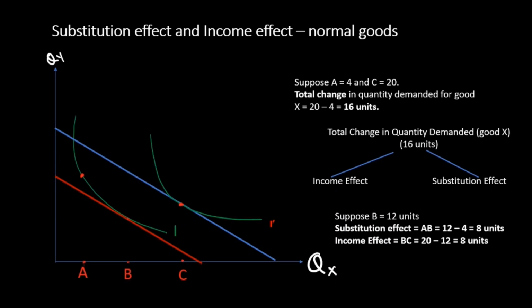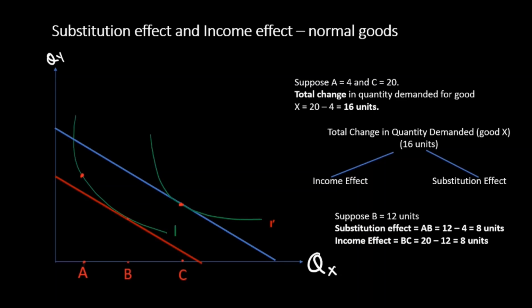So my substitution effect is AB. That is 12 minus 4, which is 8 units. Why AB? Because both A and B lie on the same indifference curve. So my substitution effect is equal to 8 units and income effect is equal to BC. Why? Because B lies on my original indifference curve and C lies on the higher indifference curve.